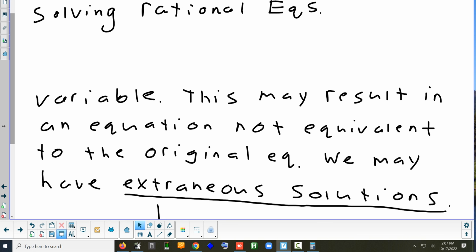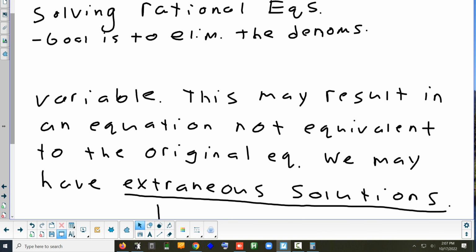The goal is to eliminate the denominators. That's what basically makes a rational equation hard, is that you have fractions. If we can eliminate the denominators, then it's going to become easier.